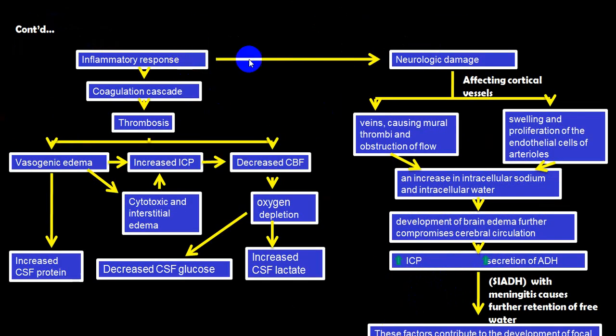So inflammation can produce neurogenic damage and can also give rise to thrombosis, which will produce vasogenic edema and can give rise to different symptoms and signs. This can also produce SIADH. So you can have a lot of different things which are happening in case of a meningitis.